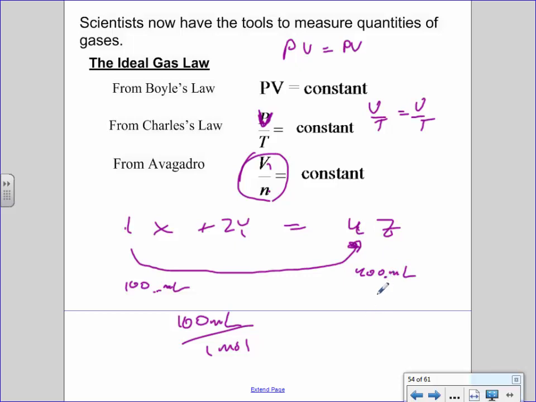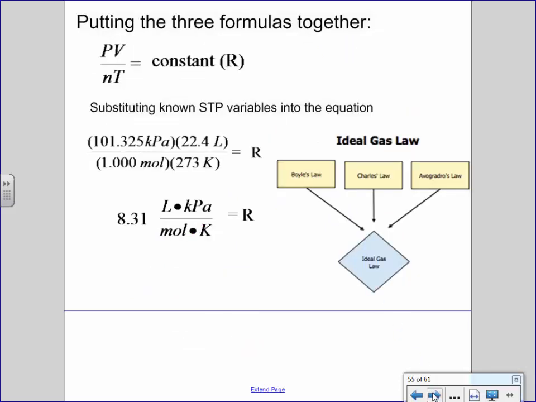So somebody, I don't actually know who it's attributed to, eventually realized that there is a volume in this formula and this formula, and they wondered, couldn't we try to combine all of this into one big super formula? And they did. So here's what it was. They realized that we could basically combine all of these variables together.